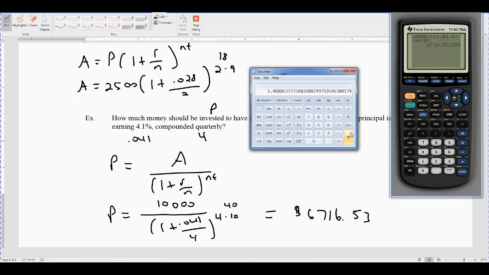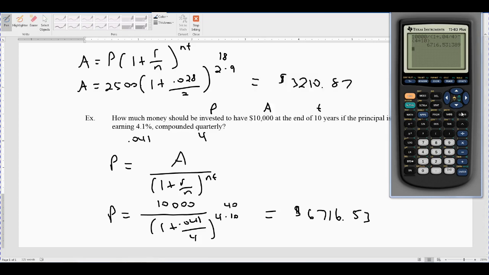What if I do this? This is the reciprocal. It's going to flip it over. Times it by 10,000. See that little trick I did? I just moved that from the bottom to the top. That's what that button does. The x to the negative 1 does the same thing too. So look for something like that, unless you just want to write it all down. Either way is fine.